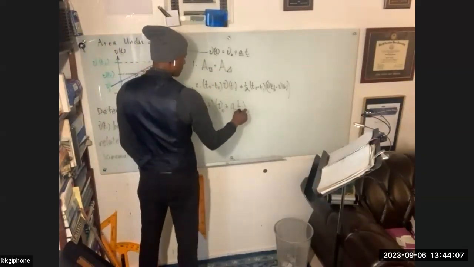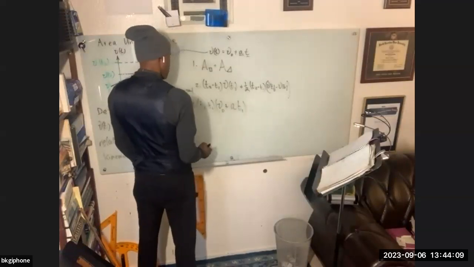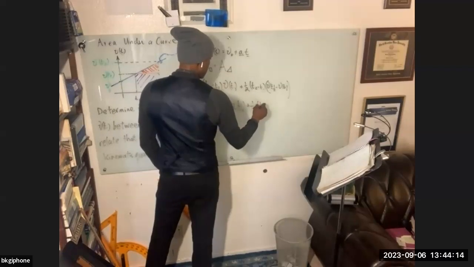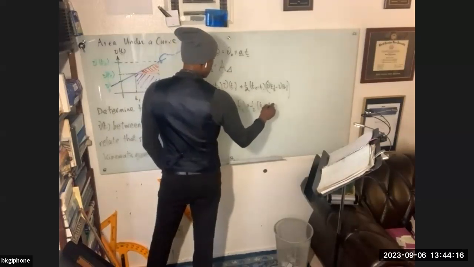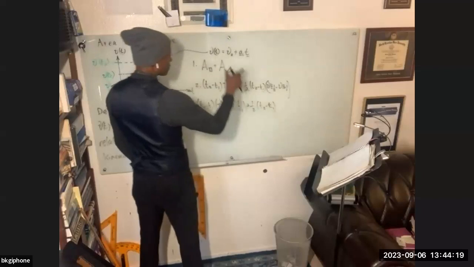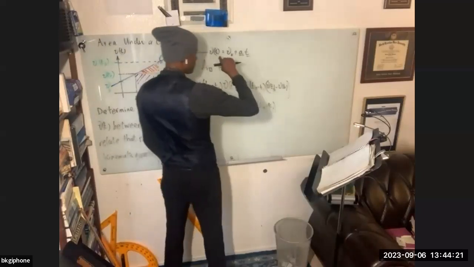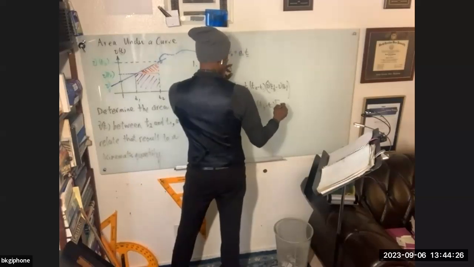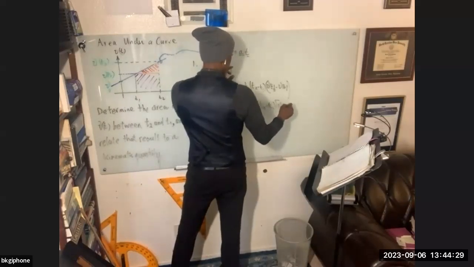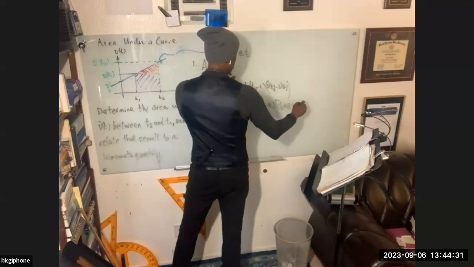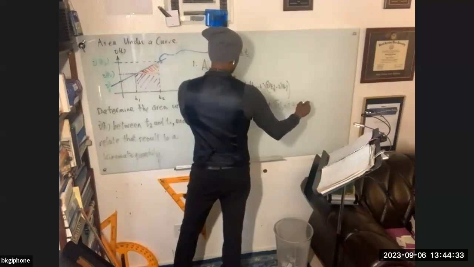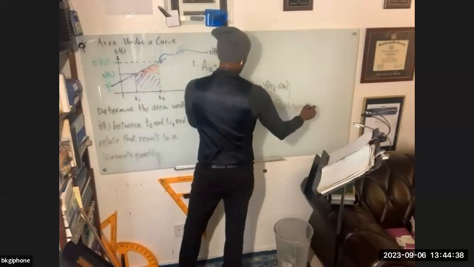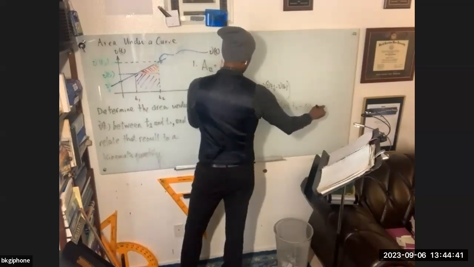So a times t1. Plus 1/2, again t2 minus t1, but the difference between those two with the respective t's placed in. So in brackets, v naught plus a times t2 minus quantity v naught plus a times t1.